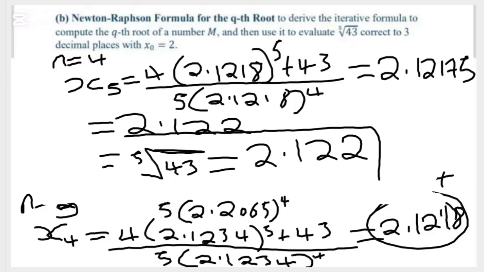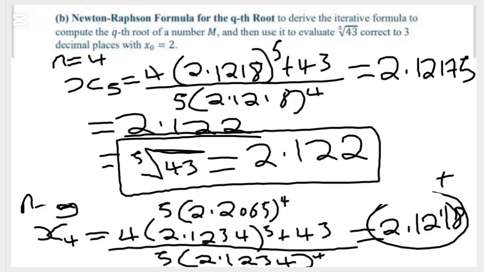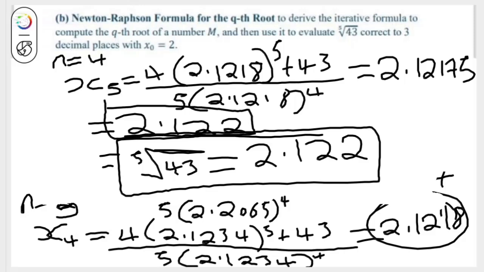We also get 2.122 in our iteration. So this is the solution of this Newton-Raphson formula for the fifth root.